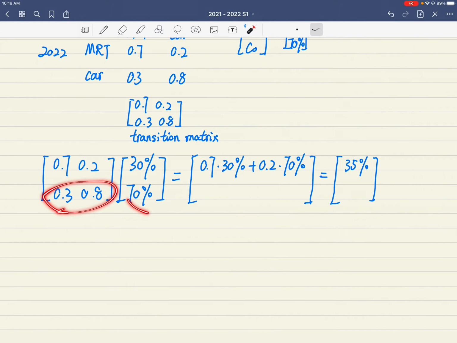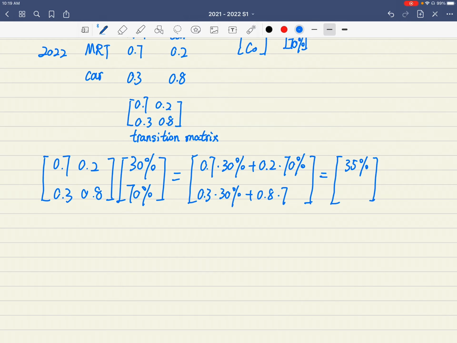Then what about this row times this column? 0.3 times 30% plus 0.8 times 70%. The interpretation is very similar. 30% of the total population are taking MRT, but 30% of them will change to driving cars next year.